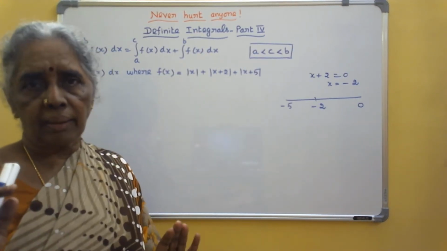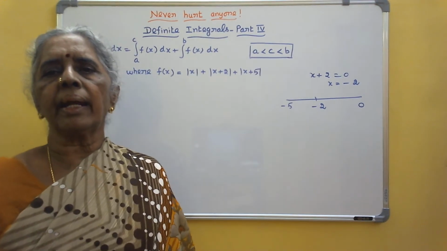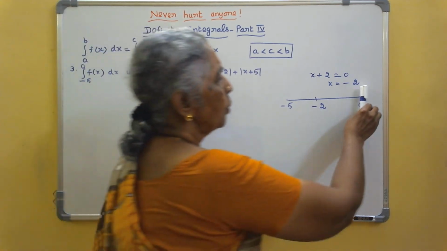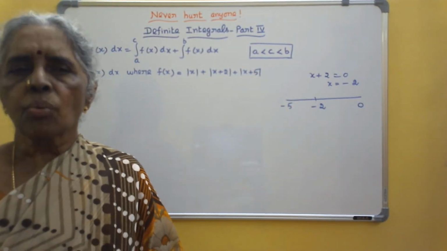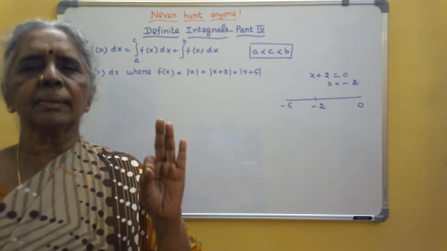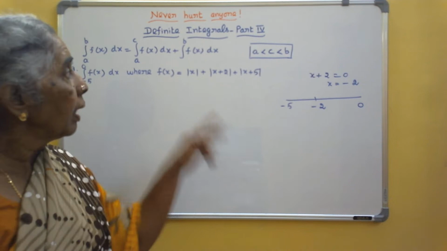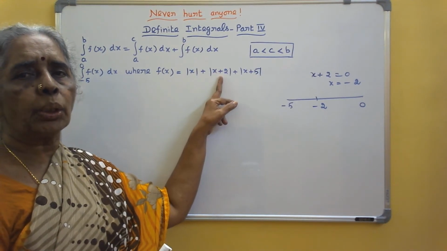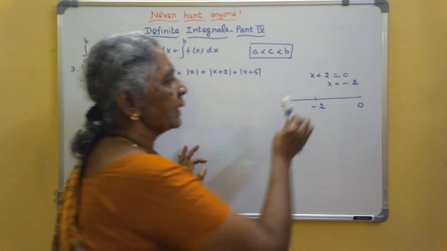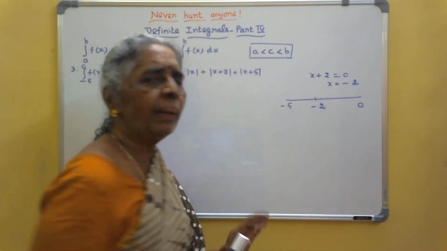You know clearly, mod x is equal to x when x is greater than 0. But you know there is nothing greater than 0, so that is not going to come. So definitely mod x will be equal to only what? Minus x. Coming to this, mod x plus 2 will be equal to x plus 2 when x is greater than minus 2. For this part, it will be negative.